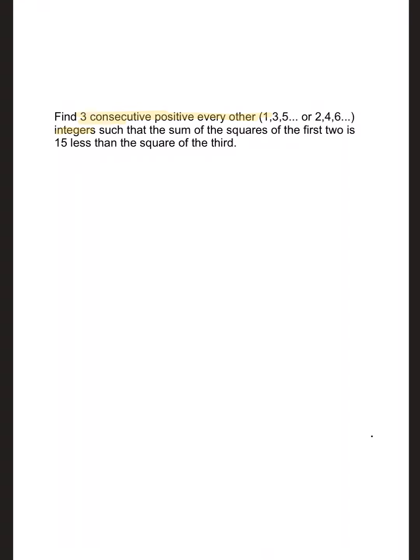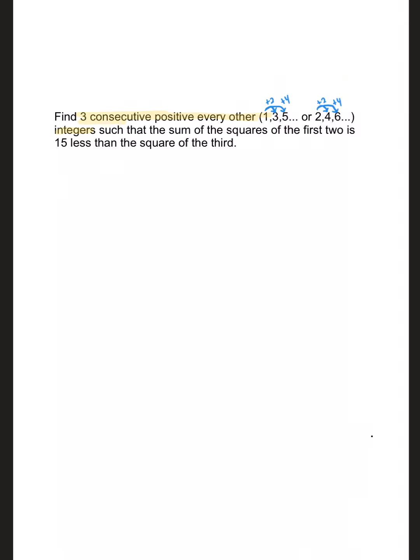So when you see here in brackets it says 1, 3, 5, that means if we start at 1 and we're going every other, we're going to add 2 or add 4 from where we started. The same is true if we were talking about even numbers. So if I started at 2, I would add 2 or add 4, and then add 6, add 8, and so on.